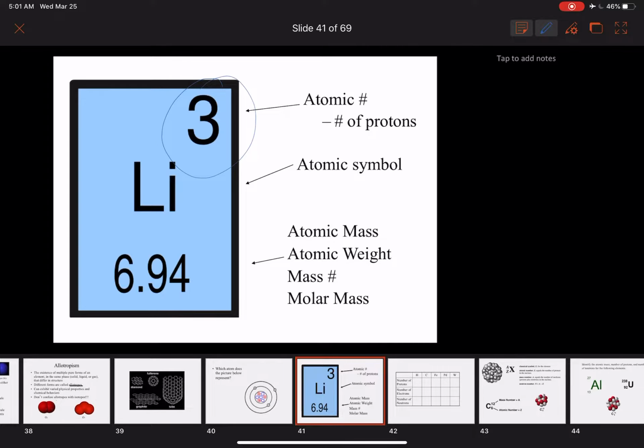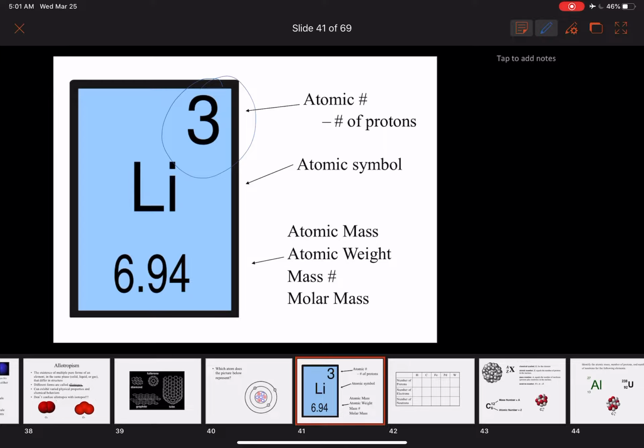And if you have 3 protons, you're a lithium. Because protons are positively charged, in our neutral lithium atom we're also going to have 3 electrons because those are negatively charged. And 3 pluses and 3 minuses makes a neutral charge. So plus 3 and minus 3 equals 0.